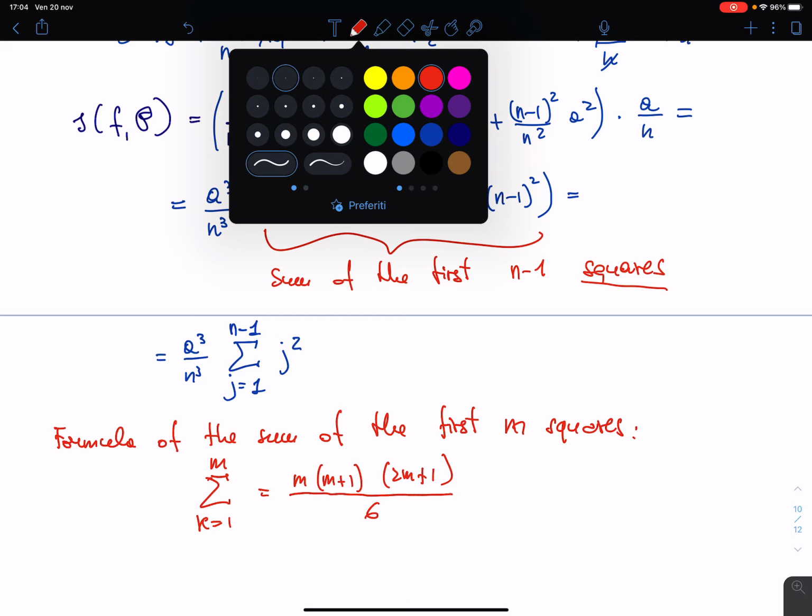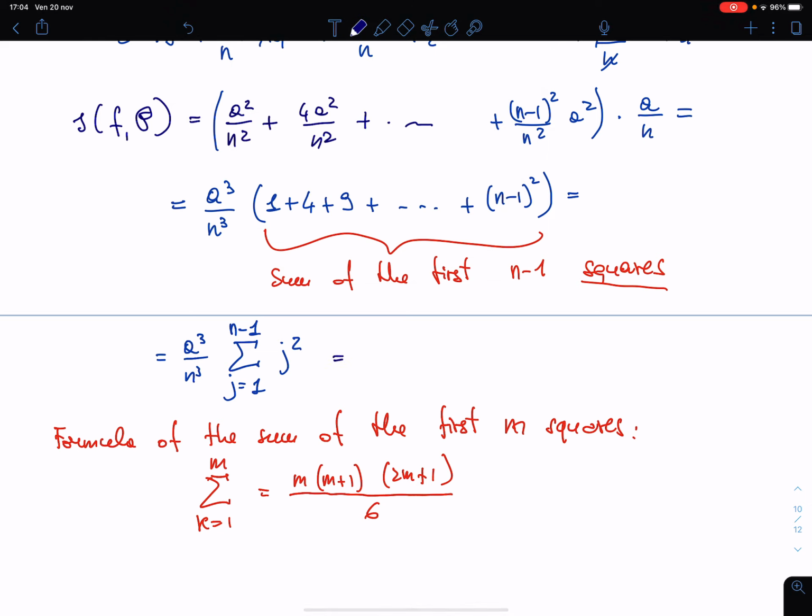Here we have to replace m by n minus 1. And so here we have n minus 1 times n, and here it will be 2n minus 2 plus 1, so we have 2n minus 1, divided by 6.